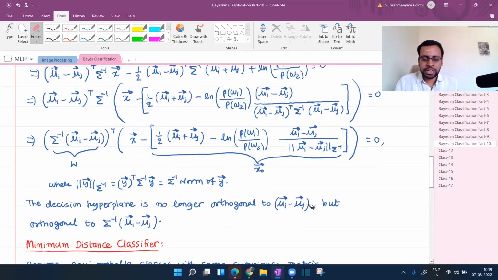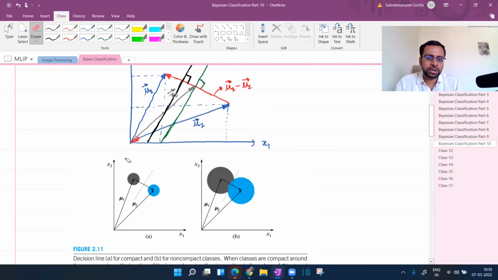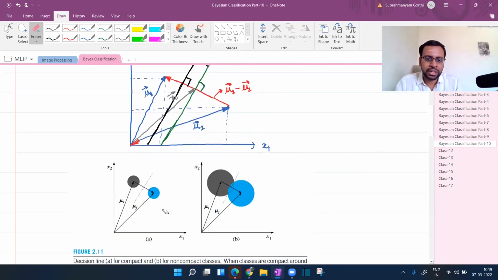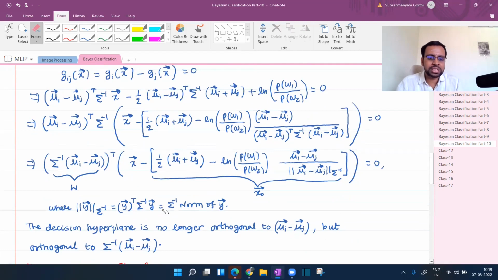And now another observation before I ask if you have any questions: earlier, this x bar minus x naught bar is perpendicular to mu i bar minus mu j bar. That's how we have plotted it. Now notice, this expression is perpendicular to what? Can you tell me what it is perpendicular to now? Are you with me?